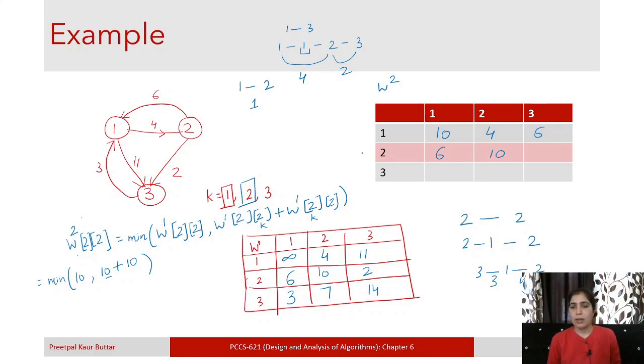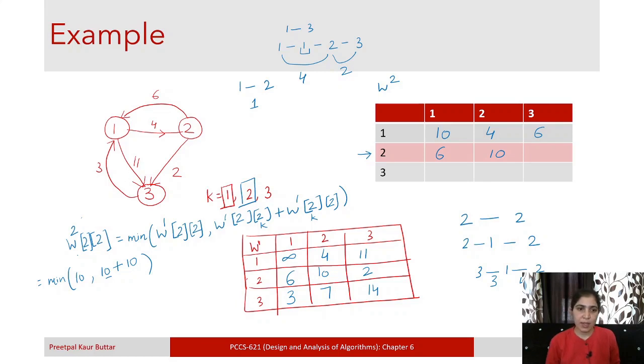And because we are in row 2 and we are considering vertex 2 as the intermediate node, no value will change in this row because there are no self loops, right? 2 to 2, there is no path, right? So all the contents in this row will remain the same as W1.